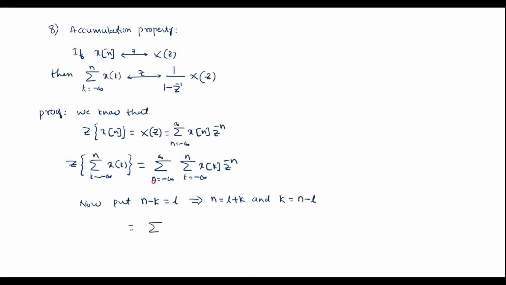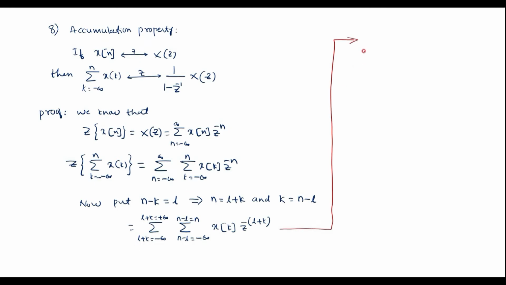Here, I will replace the n variable by L plus k, so the summation runs from L plus k is equal to minus infinity to L plus k is equal to plus infinity. Similarly, here I will replace the k variable by n minus L, so n minus L is equal to minus infinity to n, x of k z power minus n, where n is nothing but L plus k.